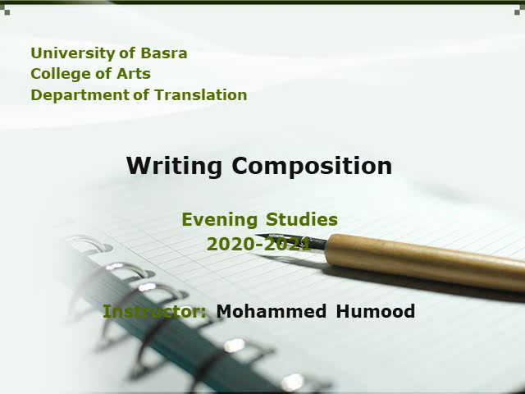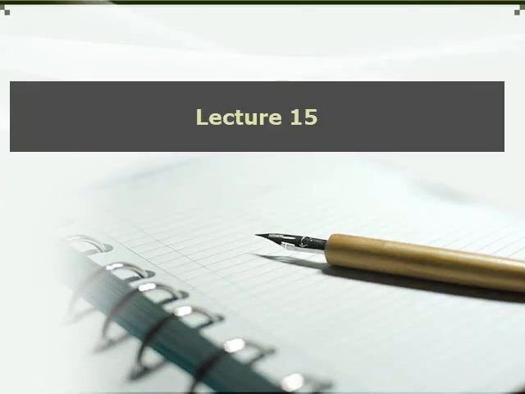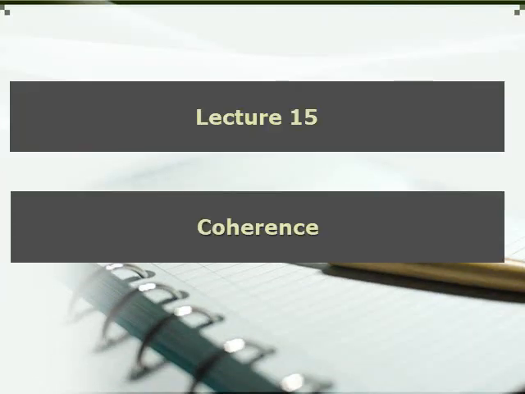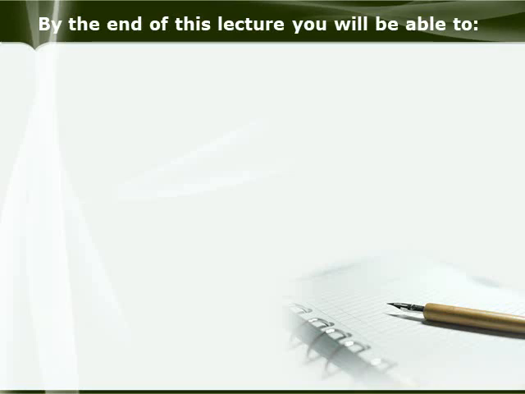Today we have the topic of writing, how to establish coherence in your paragraphs. First, we will start with highlighting the goals of this lecture. By the end of this lecture, you will be able to identify paragraph structure, what is meant by the introduction, the body, and also the conclusion.